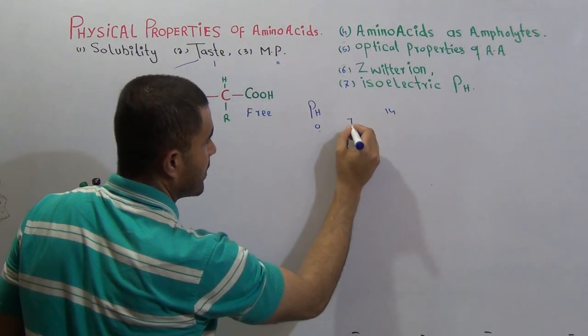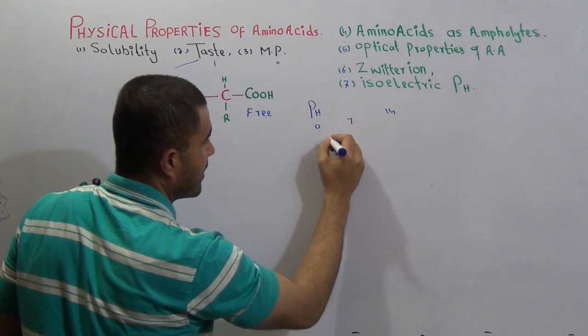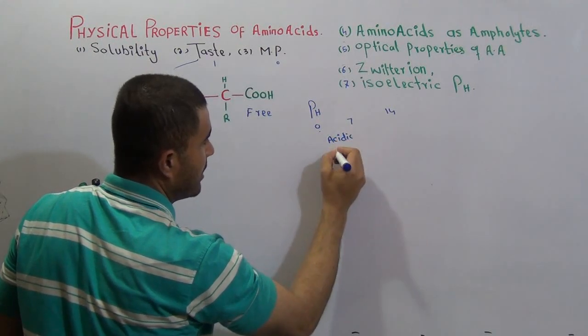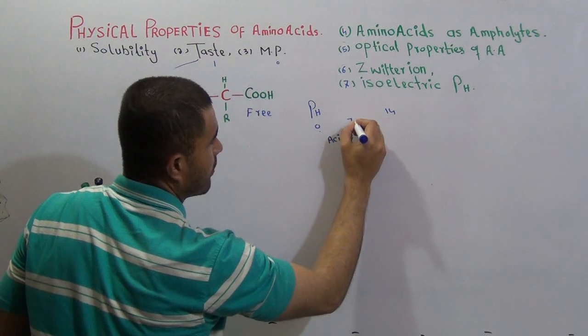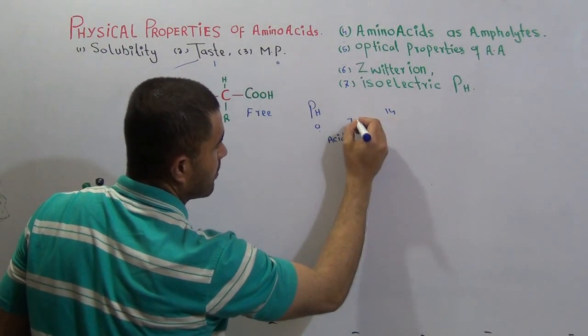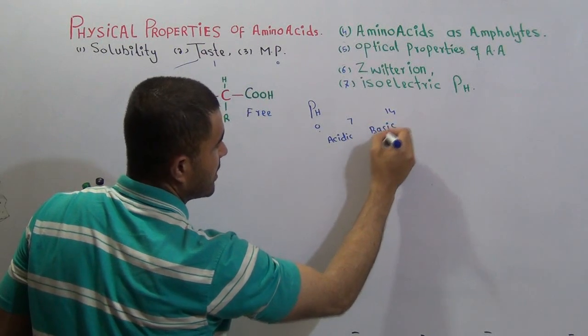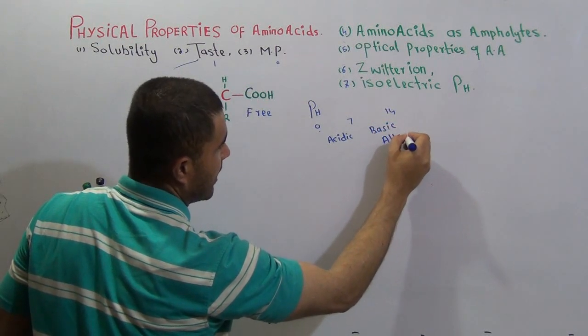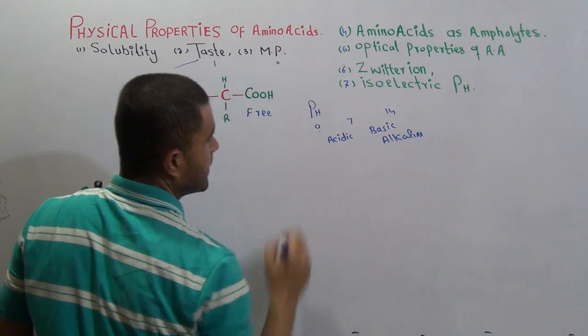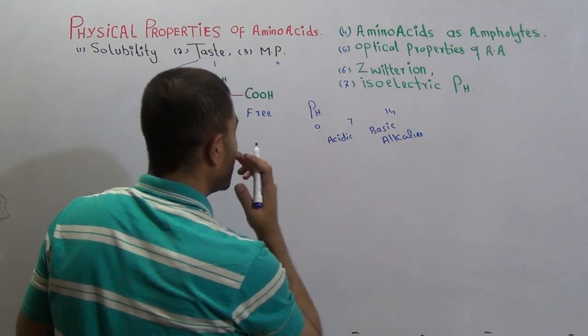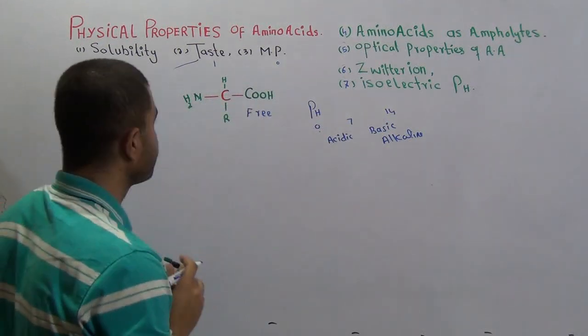From 0 to 7, or before 7, it is acidic pH, and from 7 to 14 it is basic pH, or you can also call it alkaline pH. So there will be numbers 8, 9, 10, up to 14, and 0 to 6.